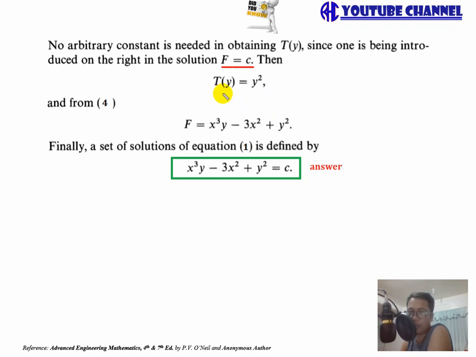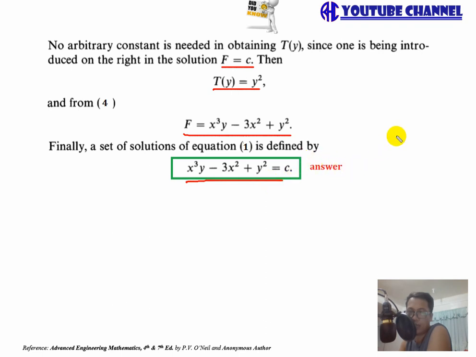Then, yung sinulat ko kanina, yung t of y natin is equals to y squared. Then, from equation 4, the function of f is equals to x cubed y minus 3x squared plus y squared. Finally, a set of solution of equation 1 is defined by ito.